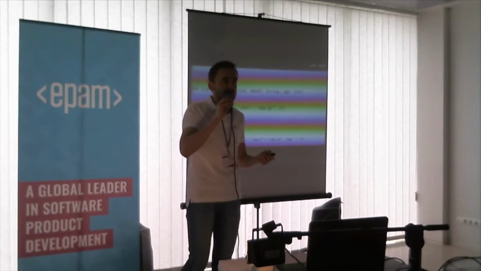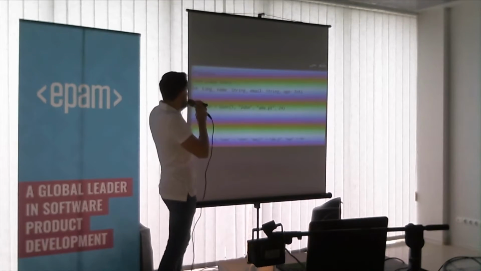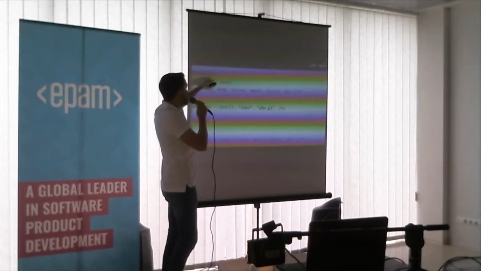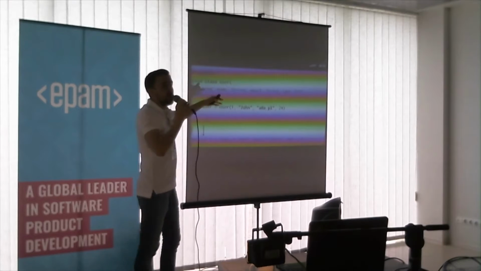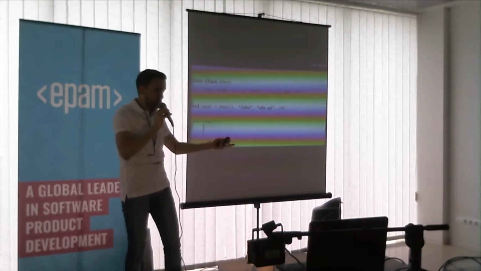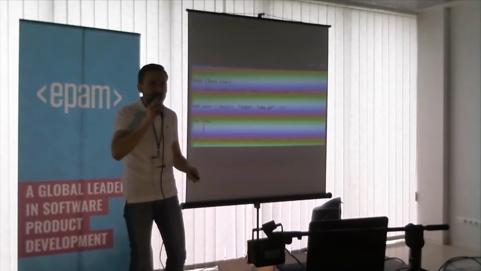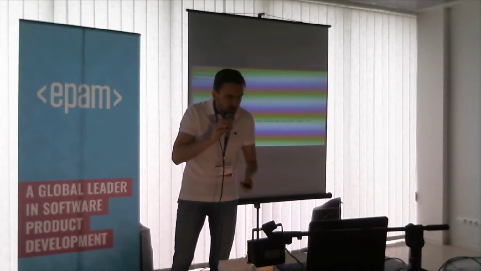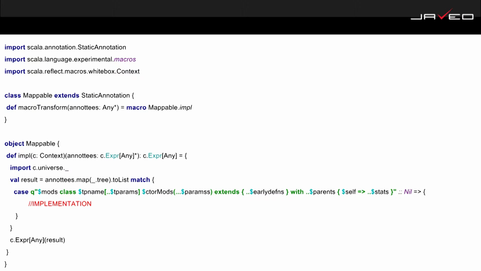We'll try to implement this using a macro annotation. So we want to have this mapable annotation, which at compile time will add this toMap method, and the result of this method will be a map with keys as names of parameters and values as values of the parameters. This is an implementation, and let's preview it step by step.